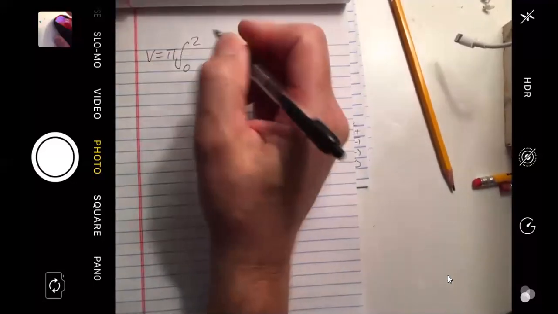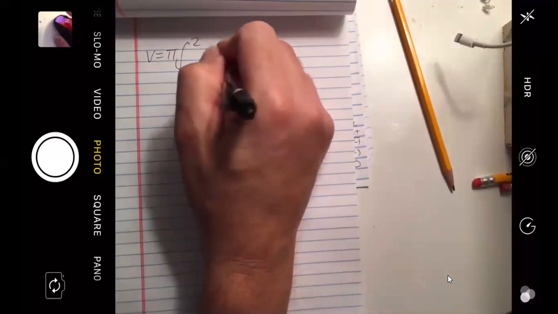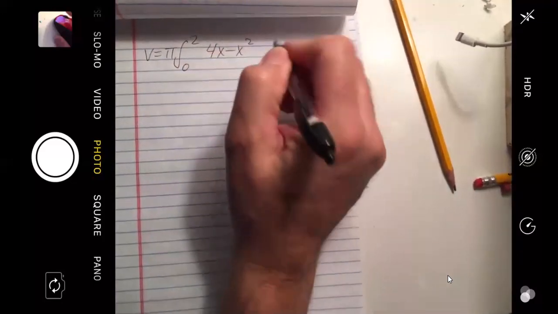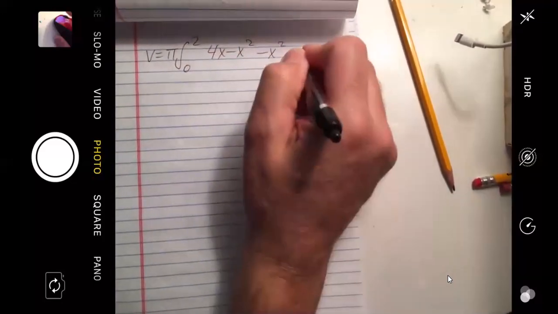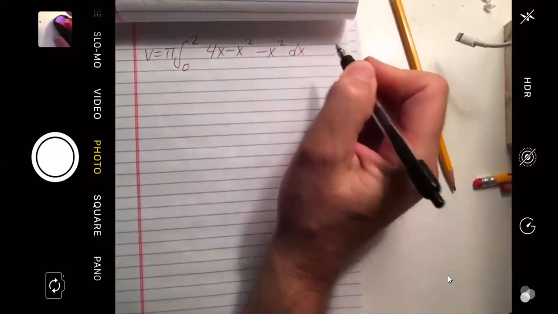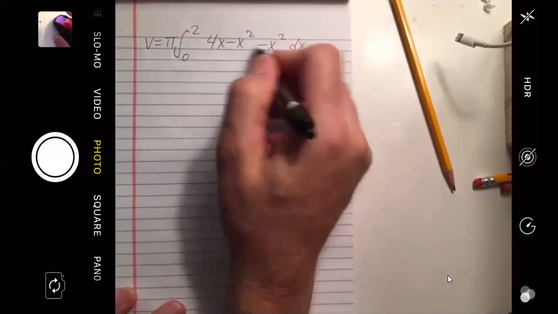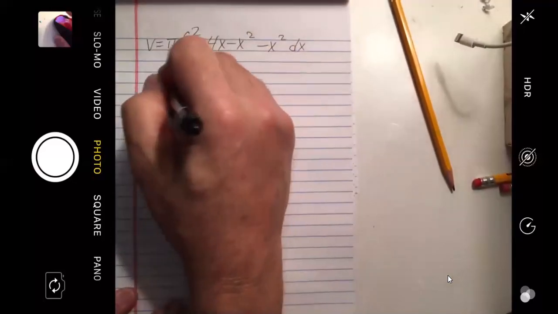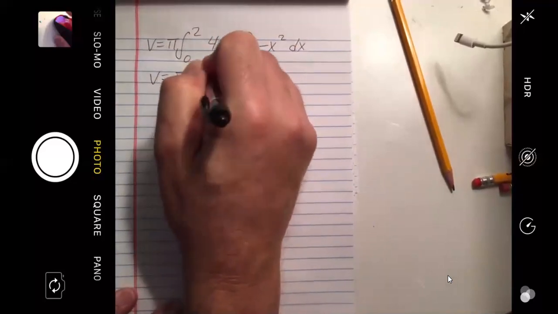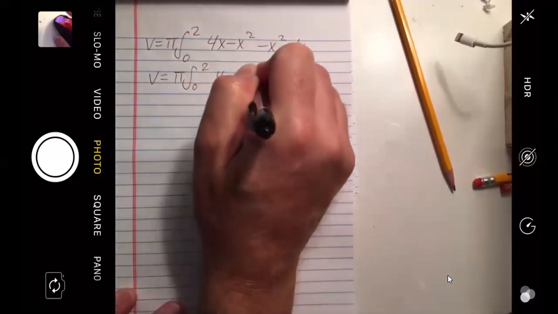So that's going to plug in pi, 0 to 2. The top was 4x minus x squared. Bottom was x squared dx. You can plug it in as written. If you want to, do a little algebra in your head, realize that's a negative 2x squared, 4x minus 2x squared dx.